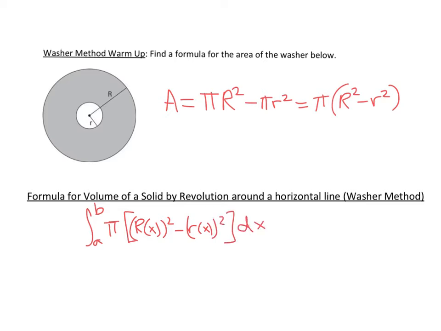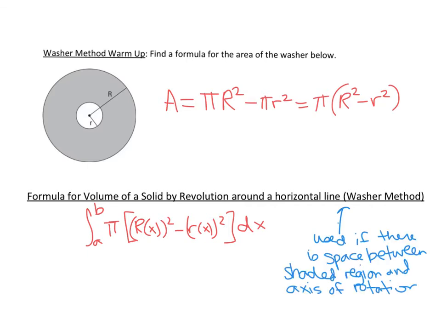This one's a little bit longer. There's a little bit going on. So you might be asking, how do I know if I'm using the washer method or the disk method? Basically, you're going to use the washer method if there is space between your shaded region and the axis of rotation. So let's go ahead and do an example.